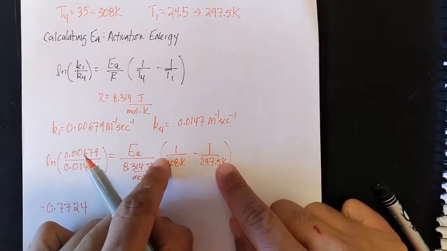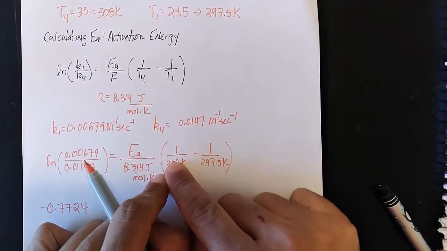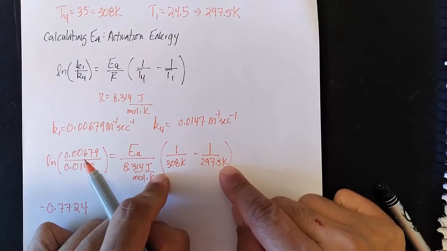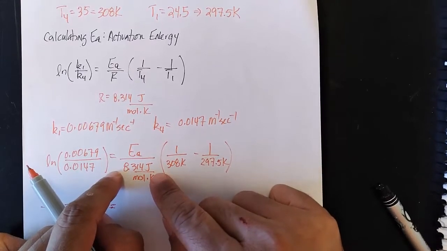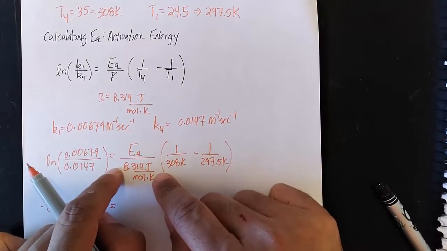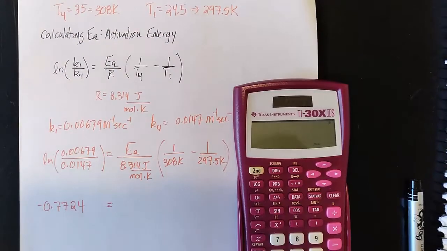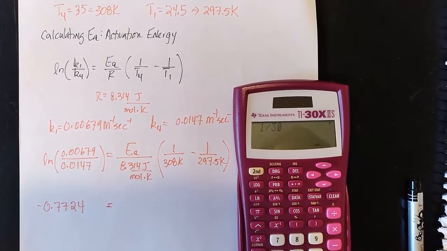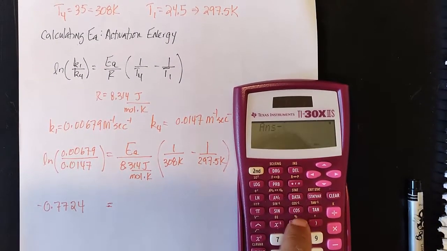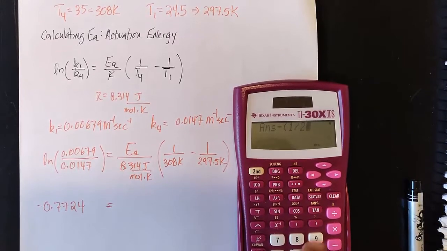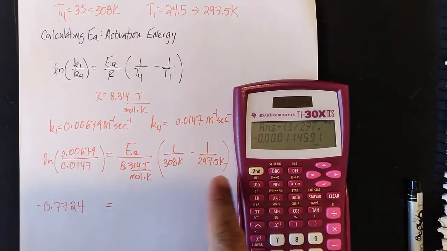Now I'm going to solve this: 1 over 308 minus 1 over 297.5, and then divide it by 8.314. So 1 divided by 308 minus, in parentheses, 1 divided by 297.5, close the parentheses. Okay, get that number.